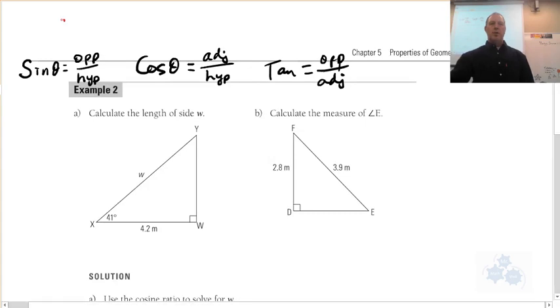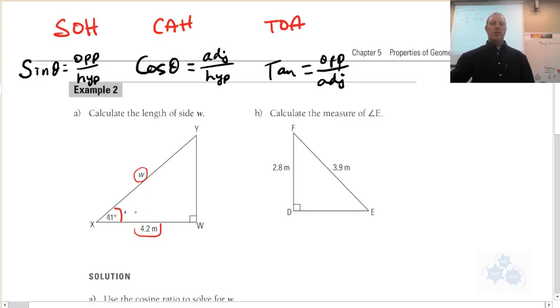So you remember the mnemonic SOH, CAH, TOA. With right triangles, you can solve for missing sides or for missing angles using SOHCAHTOA. For example, in this triangle right here, if we wanted to solve for W, I could use this angle and this side, and I could use one of these trig functions.